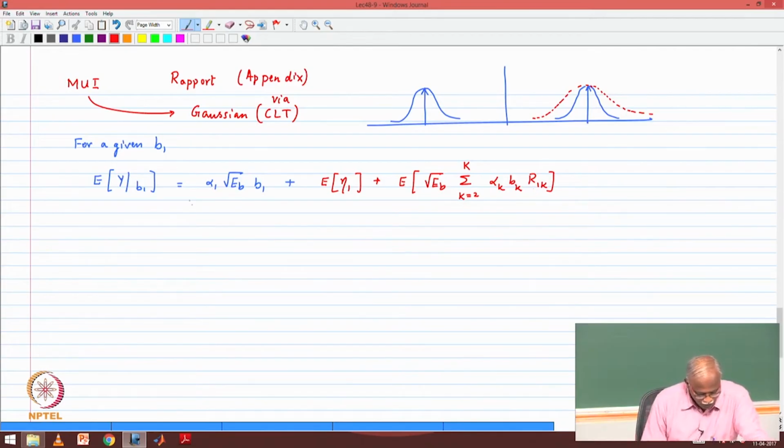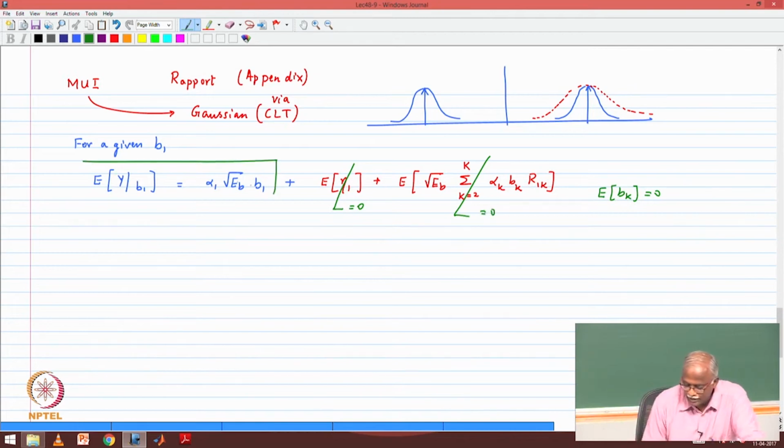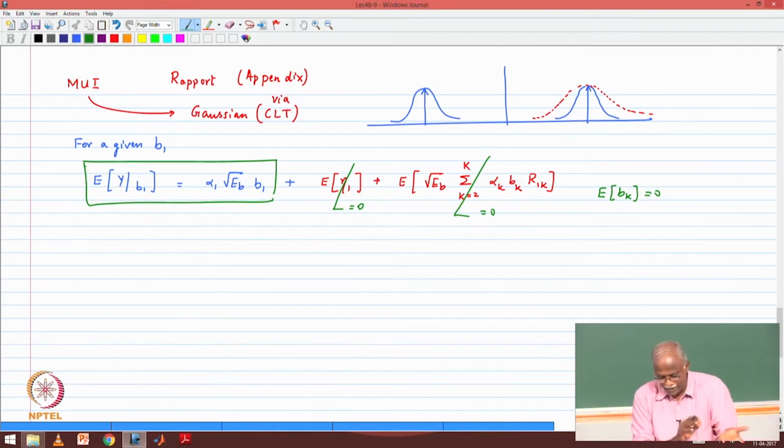Basically, we can show that the expectation of the noise will go to 0. The expected value of bk is equal to 0, so this term also goes to 0. So, the mean value is just like before: if you transmit a +1, it will be +1, and -1, -1. That is the mean value.